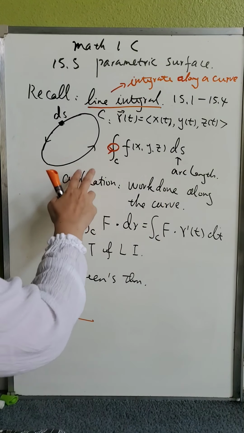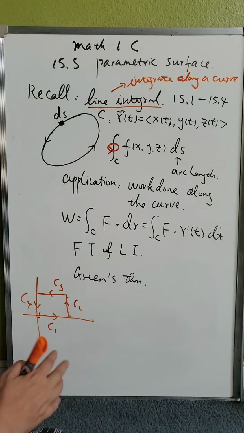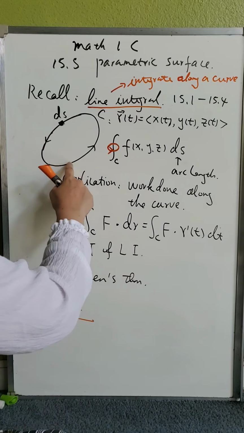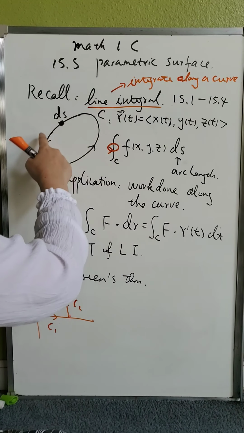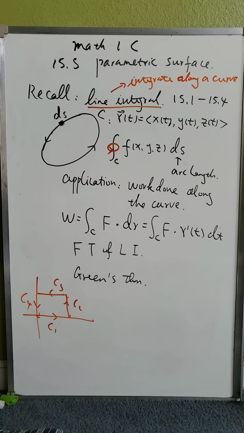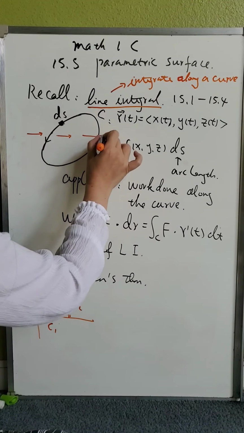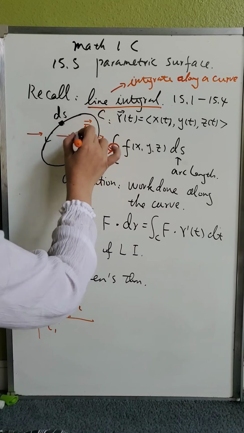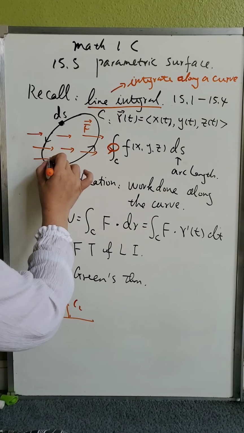And then the application for line integral is the work done along the curve. What do you mean by work done? Could be circulation for heat, or for water, or for liquid, or for electricity, okay? So let's say if this is an electricity field, it's going like this, and that's your F, the vector field, electricity field.